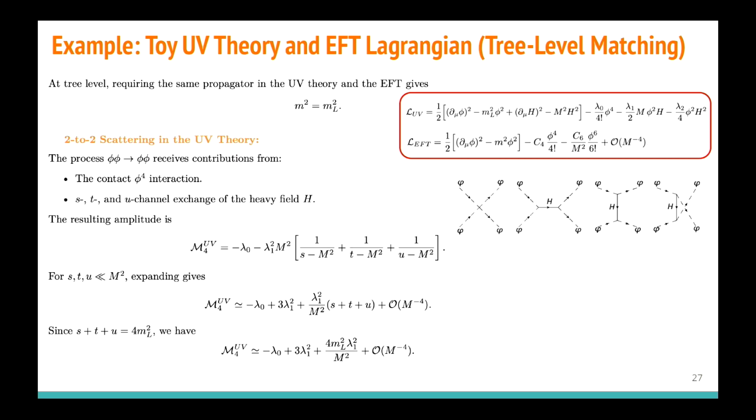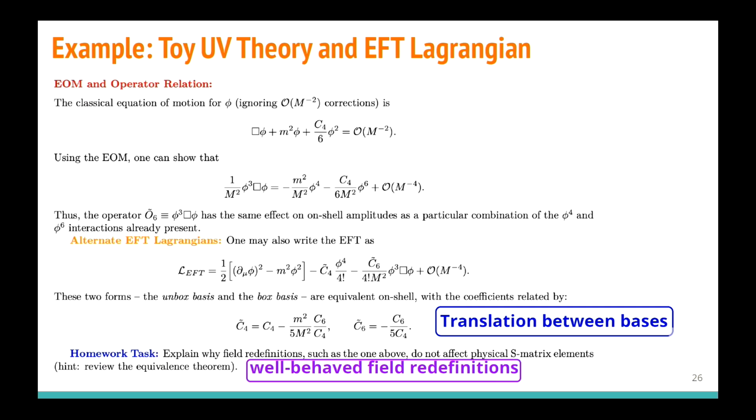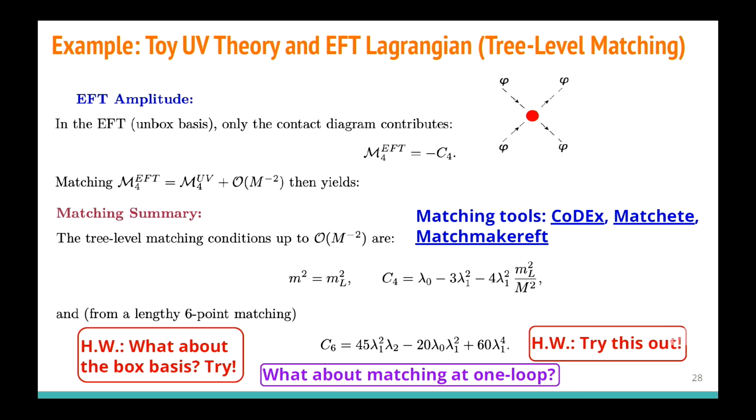Mind you, for the boxed spaces, nothing changes for the C4 term, because the C4 term was exactly the same. Only the C6 term had changed. If you are interested, this would be a good practice. C6 versus C6 tilde, and convince yourselves that it would map that relation. So what about matching at one loop? This is the lecture for next day, and I'll be discussing it then.